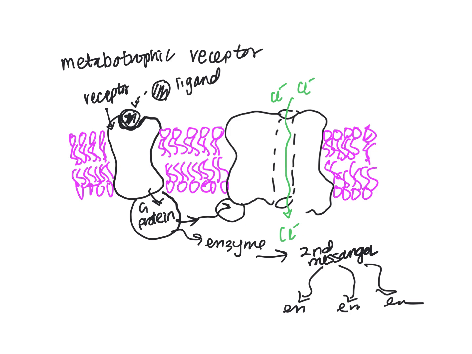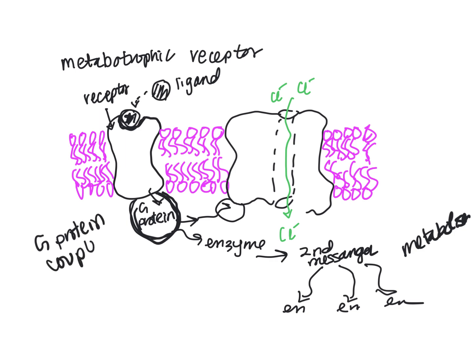If the protein receptor is such a receptor, it usually causes overall a change in the metabolism happening inside of the cell. But then this receptor is called a G protein coupled receptor.